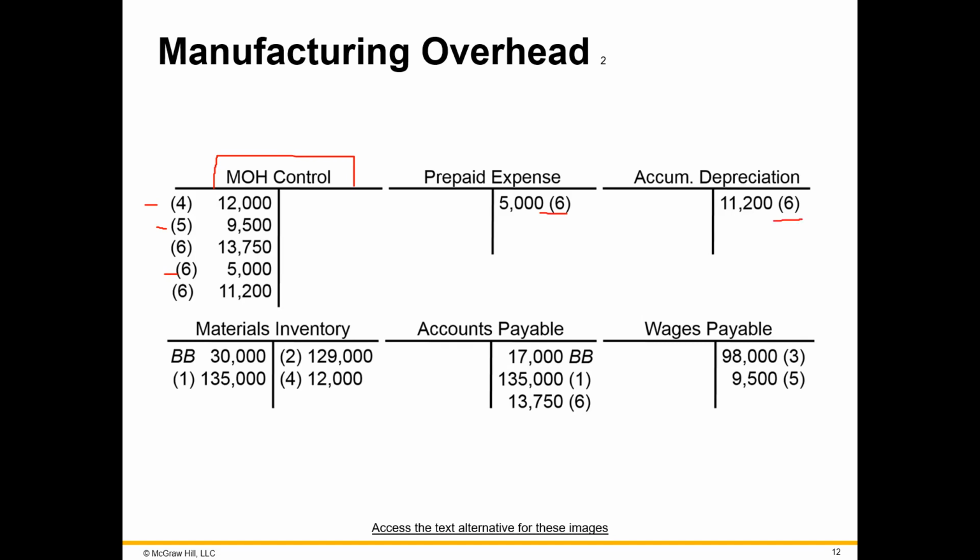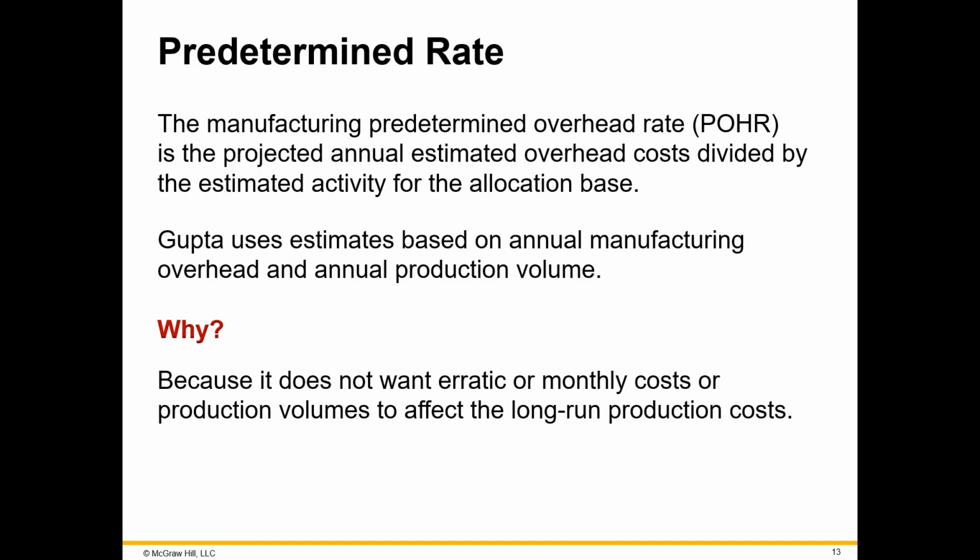You can match up here, and then the 12 grand of materials inventory. So you can match up all the numbers. Remember that anytime you have a debit, you're also going to have at least one credit. You can have multiple credits or you can have multiple debits, but they all have to add up and balance at the end.